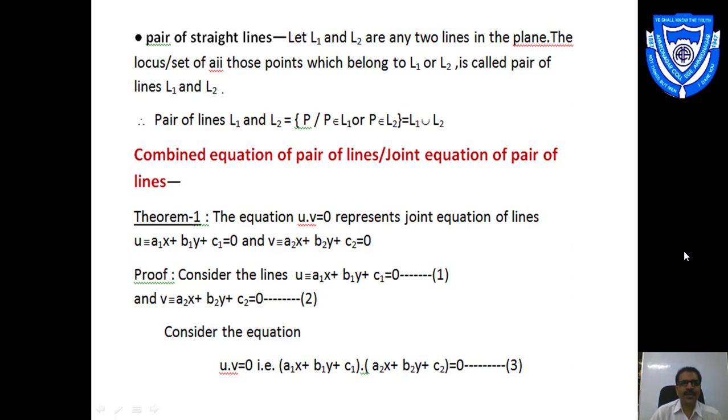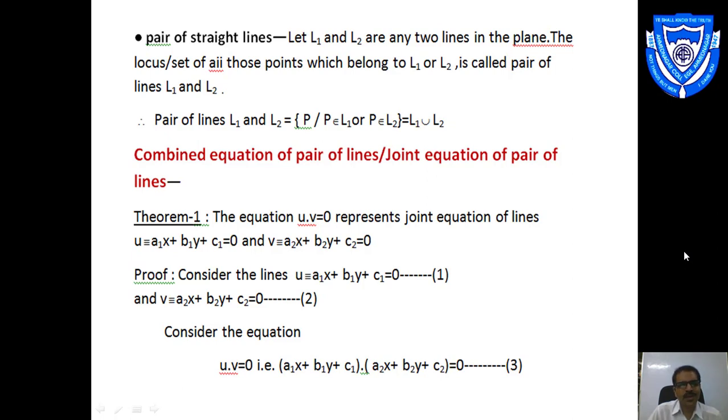So the definition of pair of straight lines: let L1 and L2 be any two lines in the plane. The set of all those points which belong to L1 or L2 is called the pair of lines L1 and L2. So according to this definition, the pair of straight lines L1 and L2 stands for the collection of all those points P such that P belongs to line L1 or P belongs to line L2.